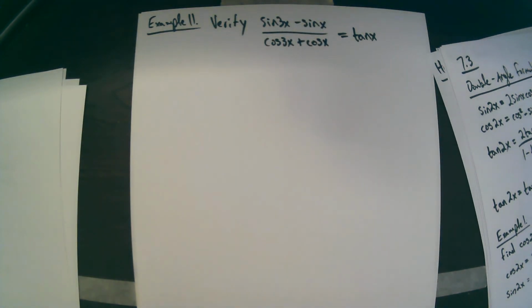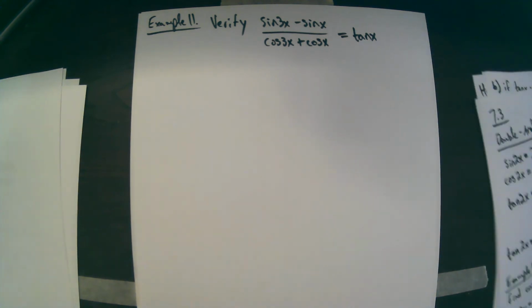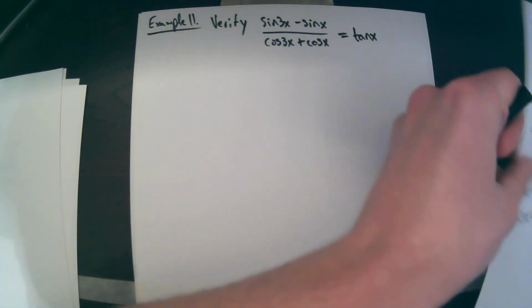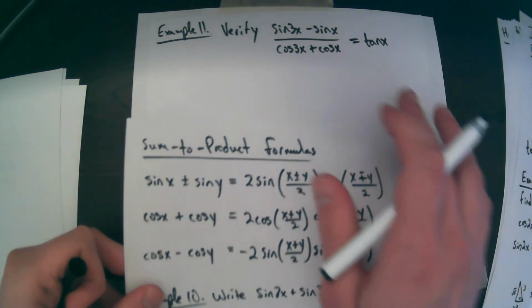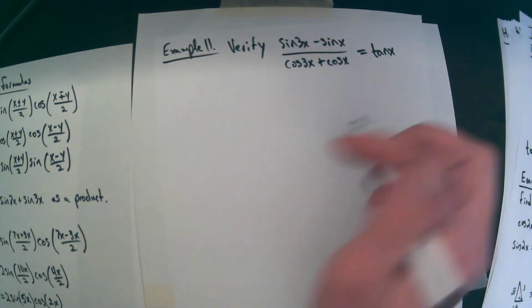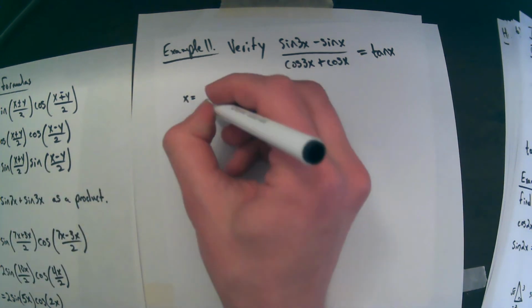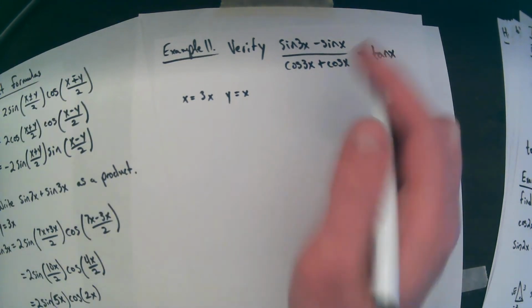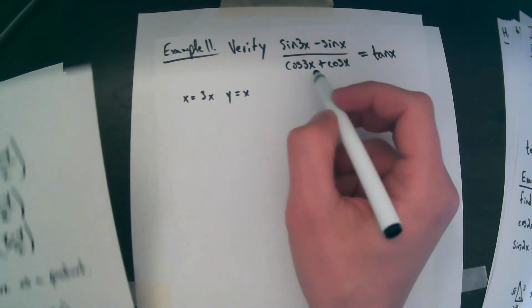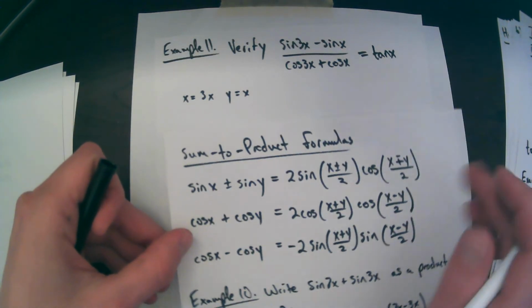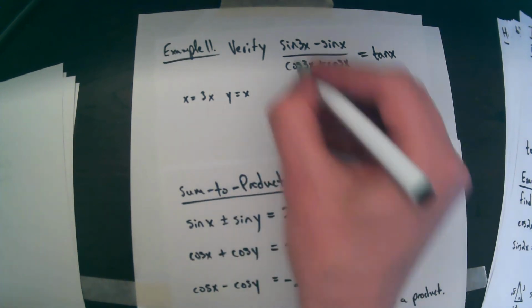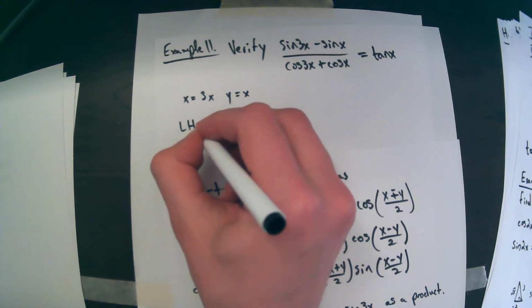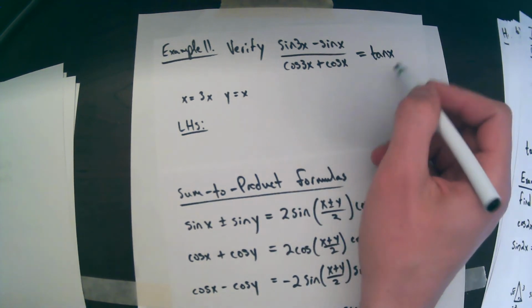We're going to verify this identity using sum to product formulas. We've got a difference of two sines up top, so I'm going to let x be 3x, which is a bit weird, and y be just x. That's actually going to work for both the top and bottom. By the way, I'm working the left hand side here, because there's not much to go on with tangent of x.